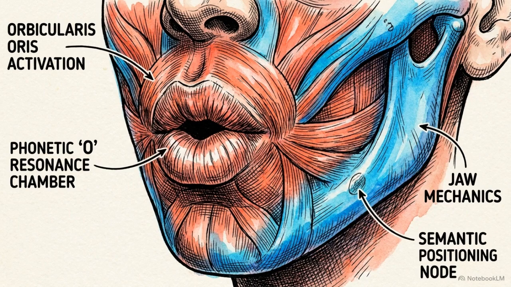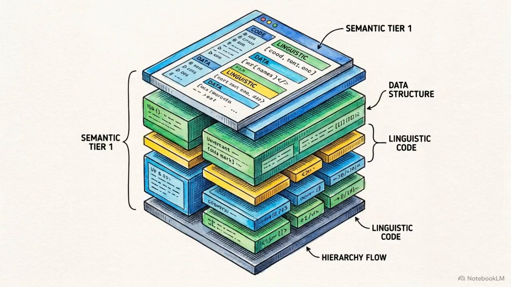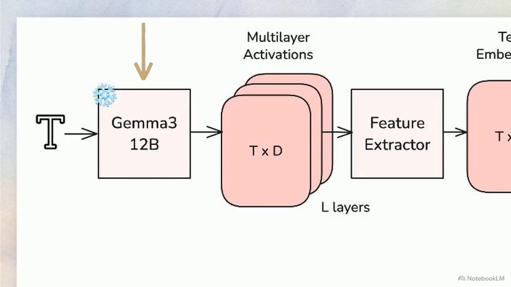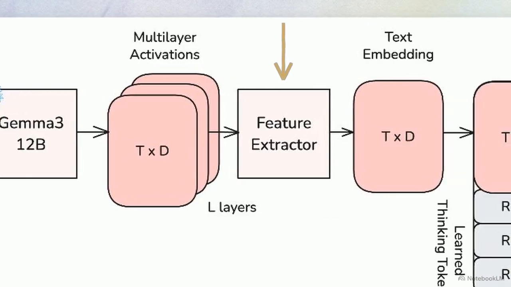Temporal binding fails if the generated lip movements don't match the specific semantic phonemes of the spoken text. Complex speech synthesis requires linguistic context far richer than what standard final layer text embeddings can provide. This text understanding pipeline uses a Gemma 3 12B backbone. Instead of a single output layer, a multi-layer feature extractor aggregates data across all decoder layers, capturing a deep linguistic hierarchy, from phonetics to complex semantics.